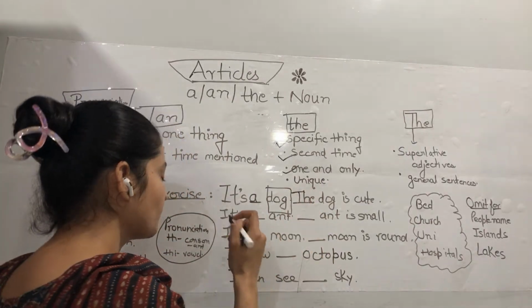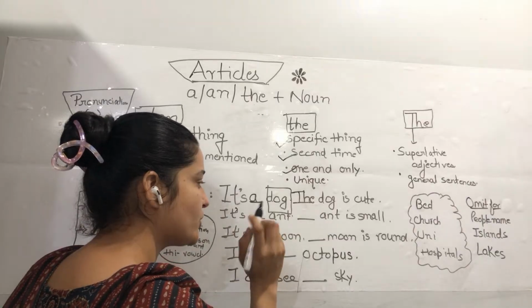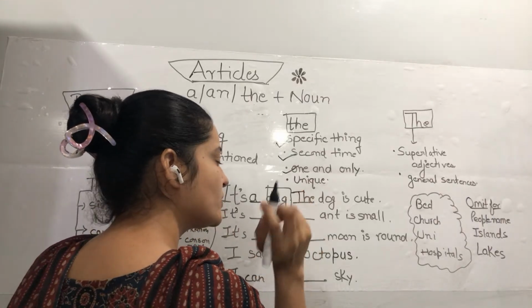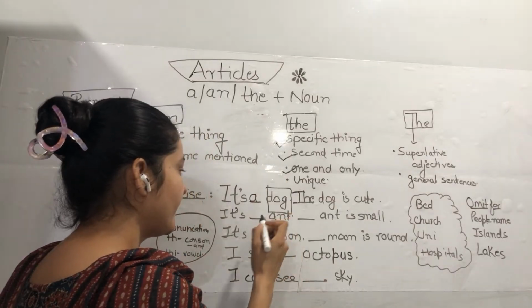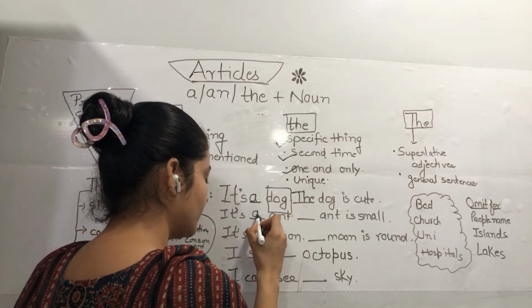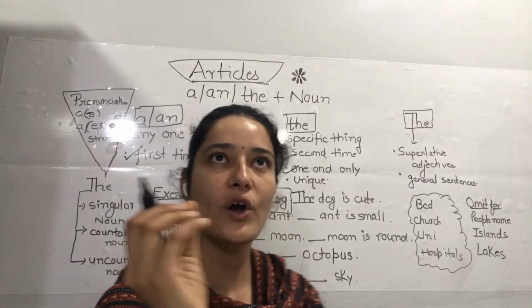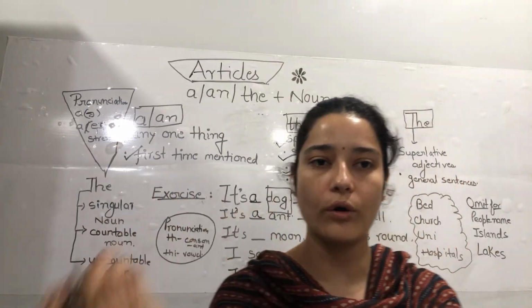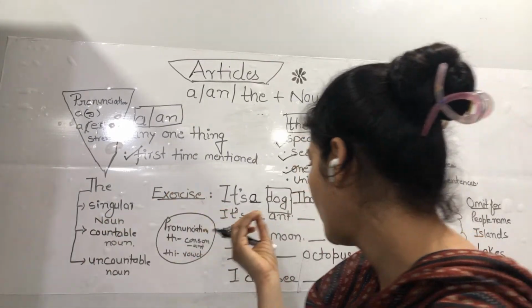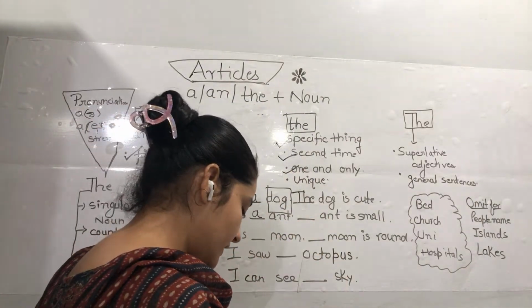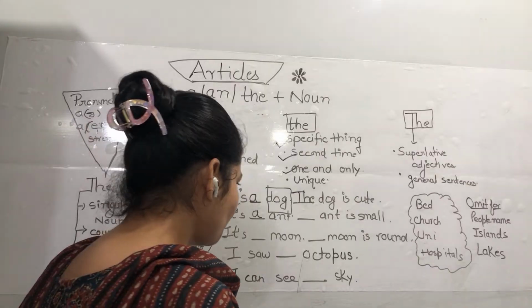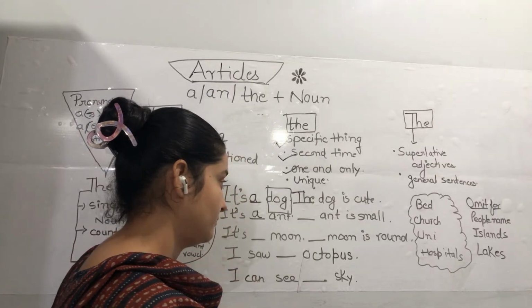Second example, it's dash ant. Dash ant is small. So what will be here? "An," why? Because I'm not aware of what kind of ant I'm talking about, that is crawling somewhere in the garden or near some food.